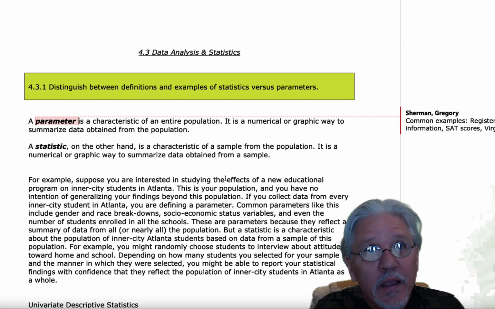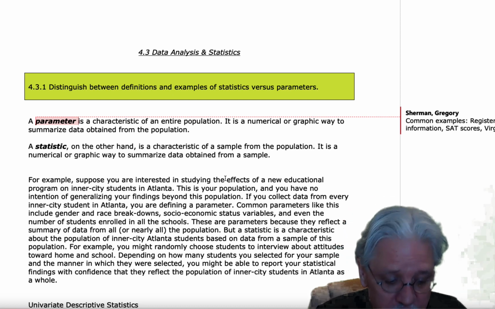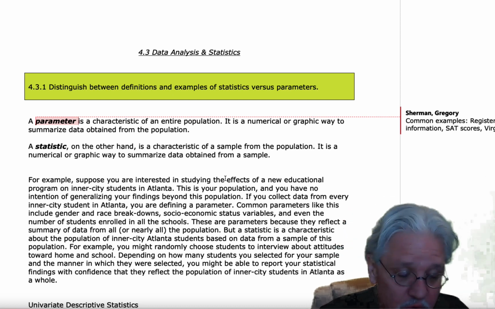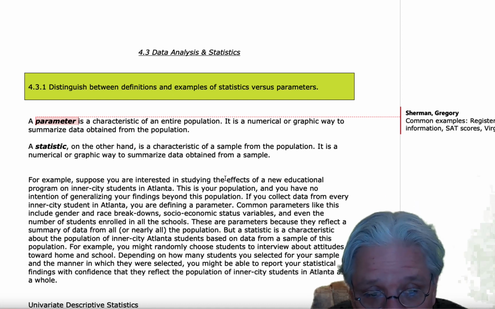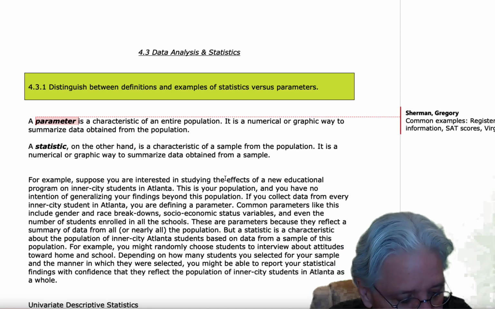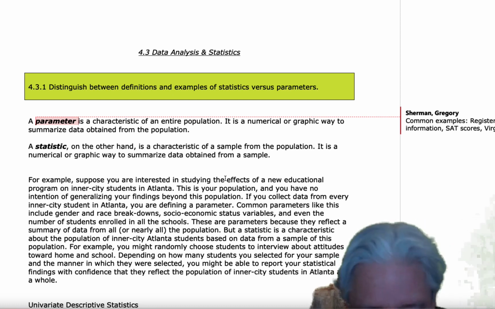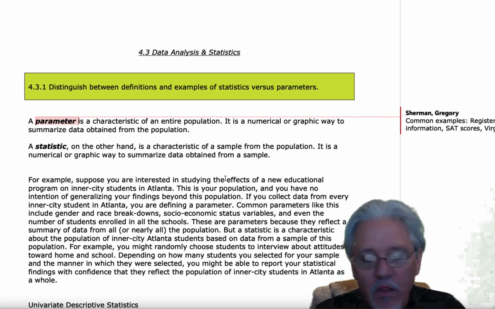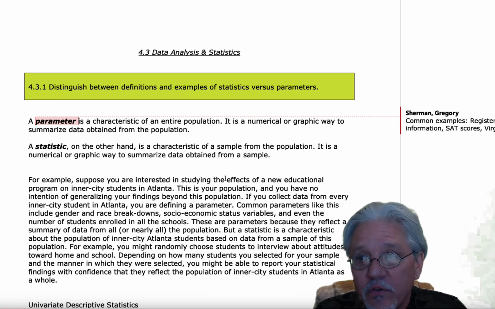They don't base the average SOL score for fourth grade off of just a sampling of fourth graders. They base it off of the entire Virginia population of fourth graders. Same with SAT scores. When they report the data on SAT scores, they can report all the people who take the SAT, all of them. So that whole population, it's not just a sample of students.